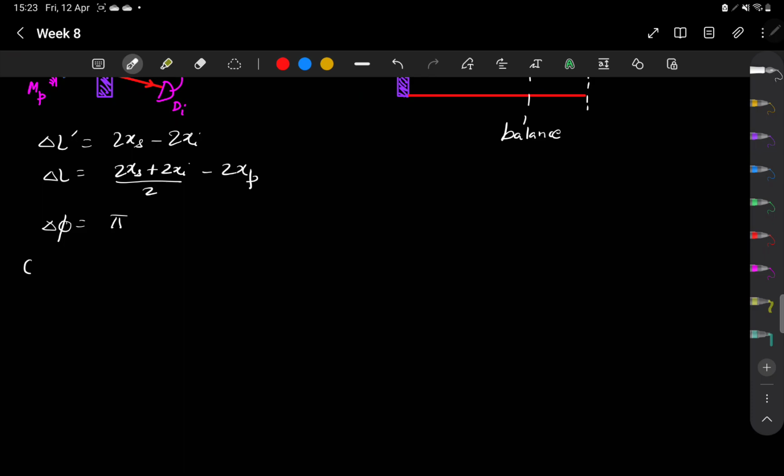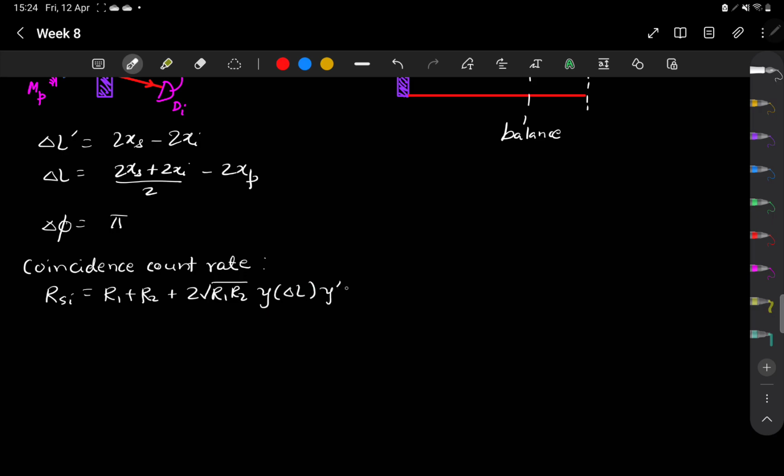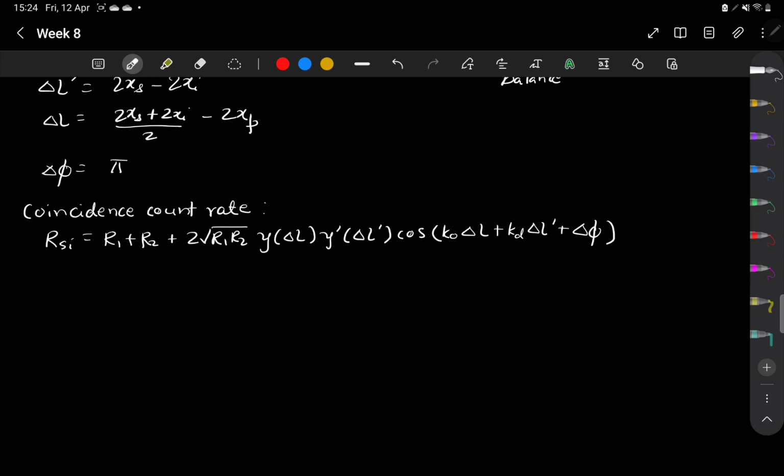Now the coincidence count rate. And now if we keep R1 equals R2 equals C by 2, so that's how C will come.